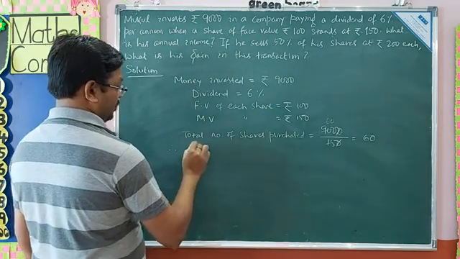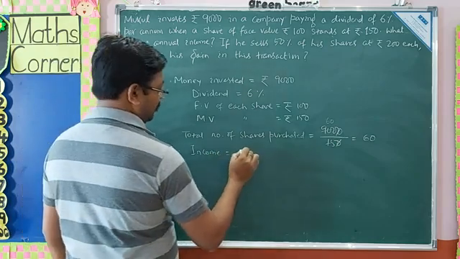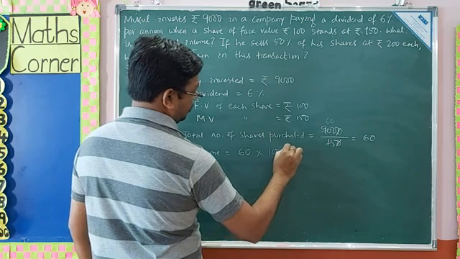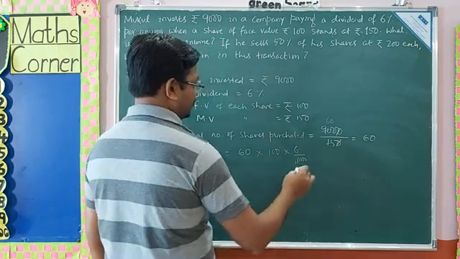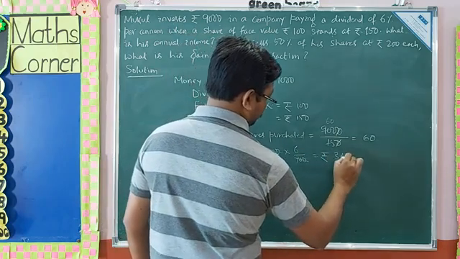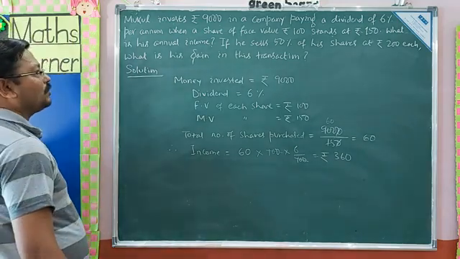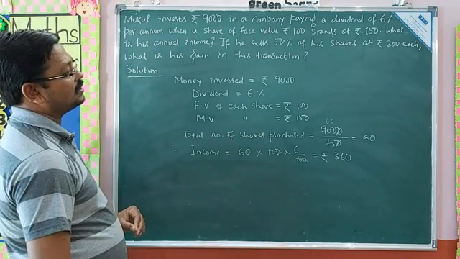Therefore, income is equal to number of shares 60, nominal value 100, and dividend percent 6 by 100, that is equal to rupees 360.